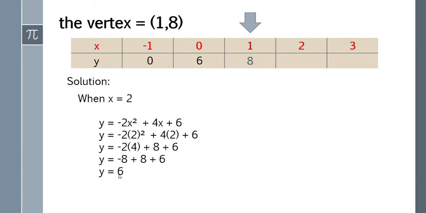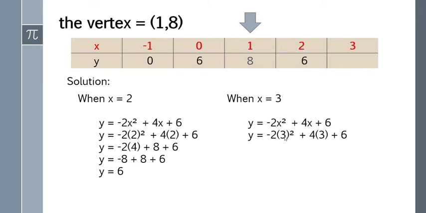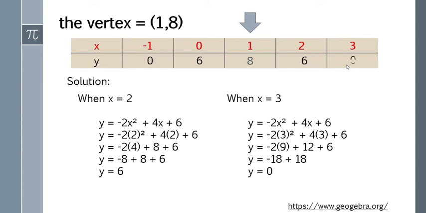So, matira lang yung 6. Ayan na. And then, how about the value of x is 3? So, papalitan natin. So, 3 times 3 magiging 9. And then, 4 times 3 is equal to 12. Copy natin yung 6. Then, multiply 9 times negative 2, negative 18. So, automatic, the answer is 0.